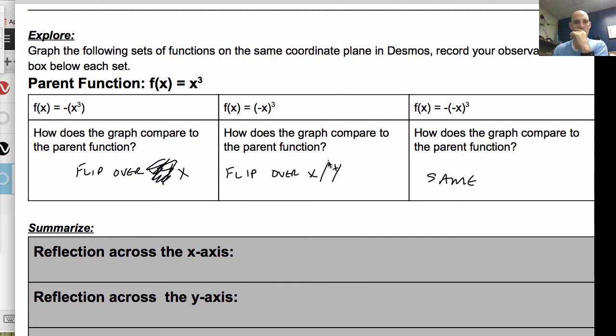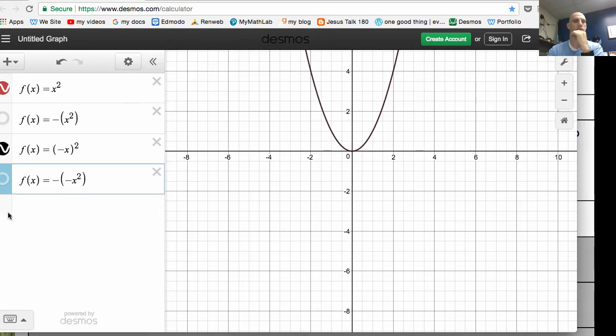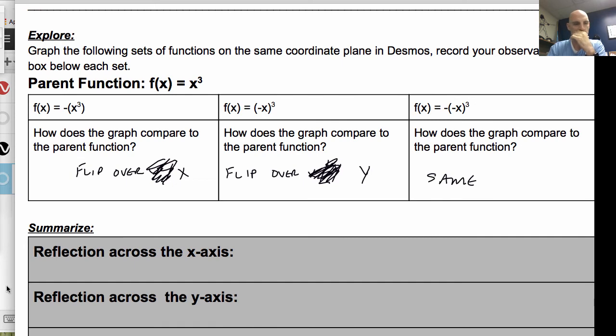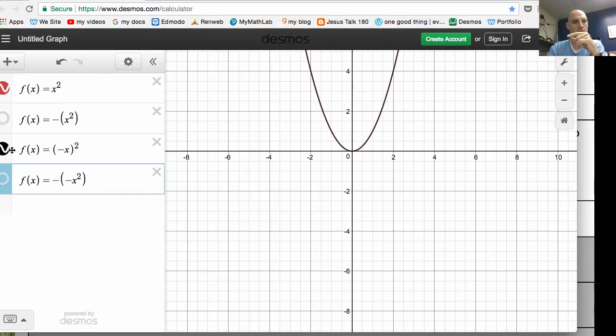I would have to say that for this one, it flips it over x. Sorry, over y. How do you know? Well, with the squaring function, you flip it on itself, it's the same. Let's see this next one. For the cubing function, it was the same. For this one, it is the same. So that would mean that it flips it and flips it again, or something else is going on here.